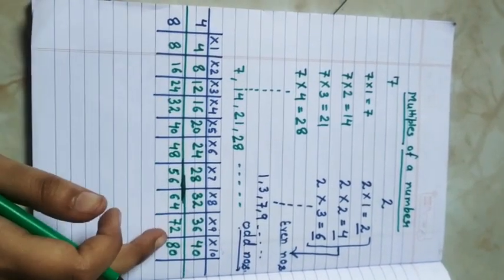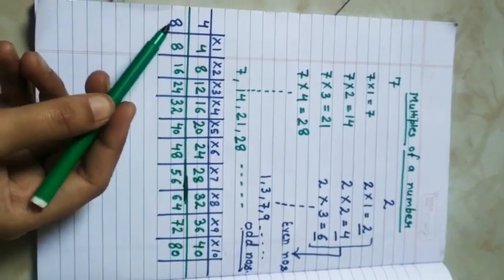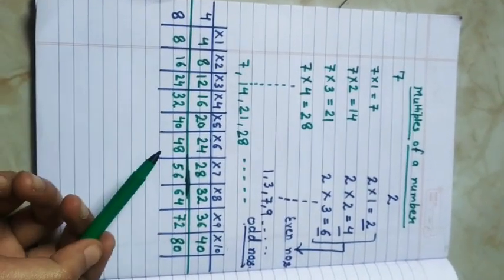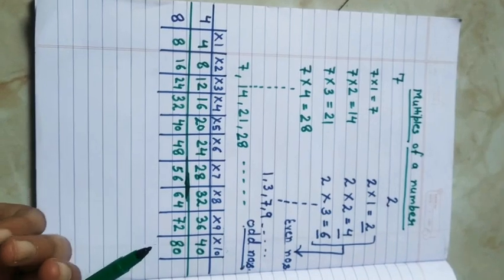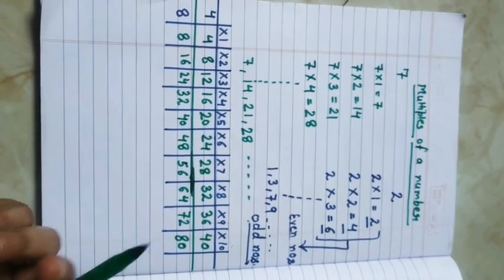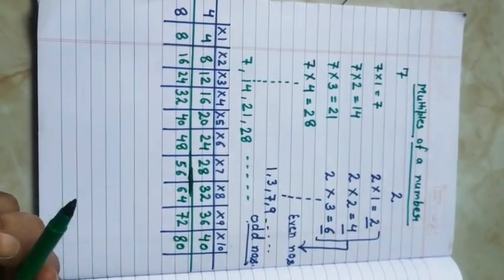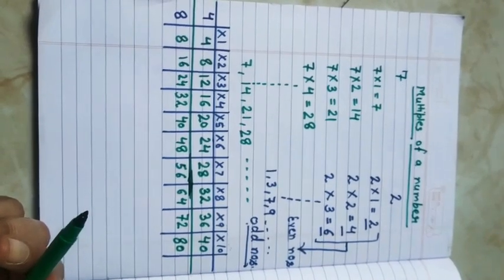So these are the first 10 multiples of 8. It is very easy to find the multiples of a number. We just have to multiply the number with the digit we want.